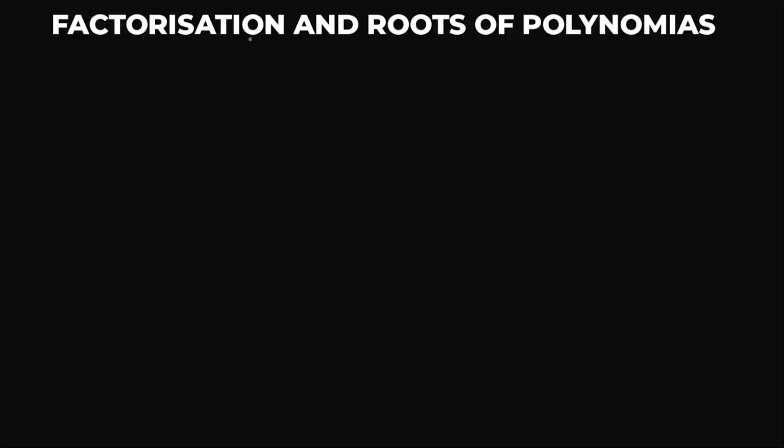The first method is to use the factor theorem to confirm or find one of the factors, then use comparison to find the other factor. And the second method is using the factor theorem and division techniques to find the roots or to factorize a given polynomial.